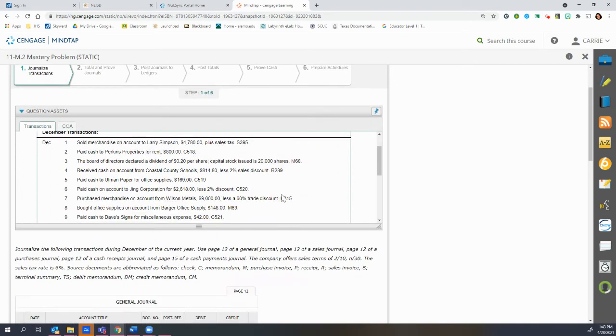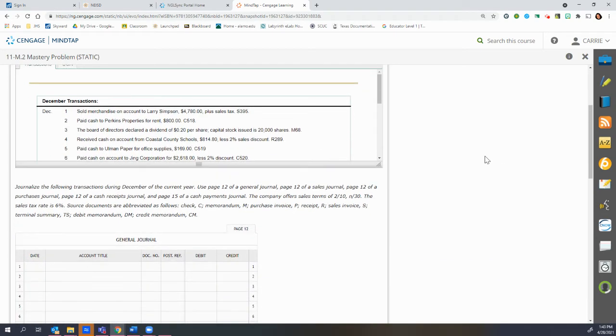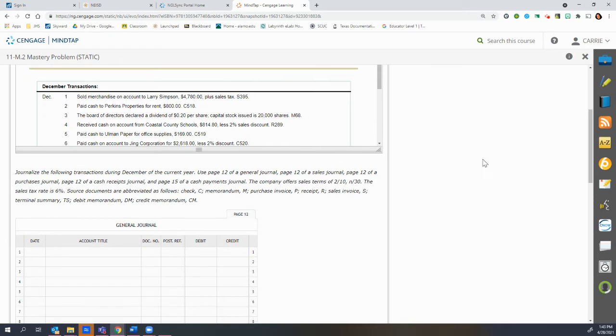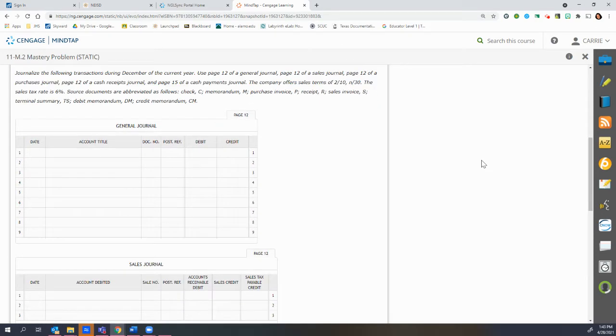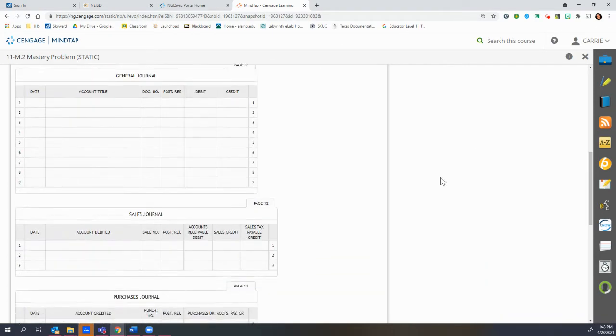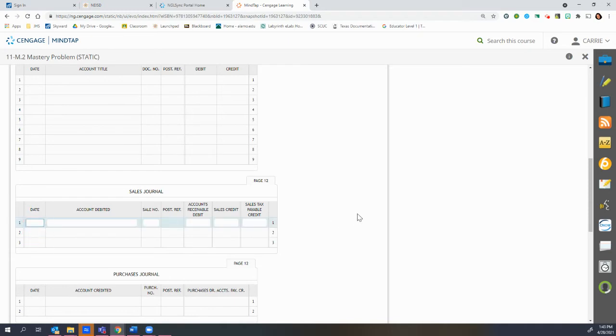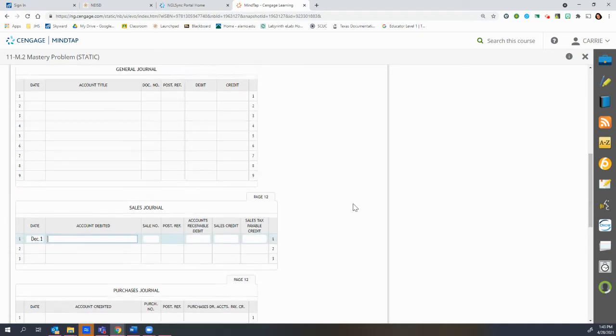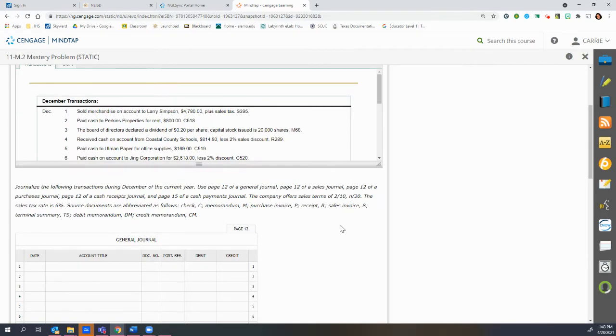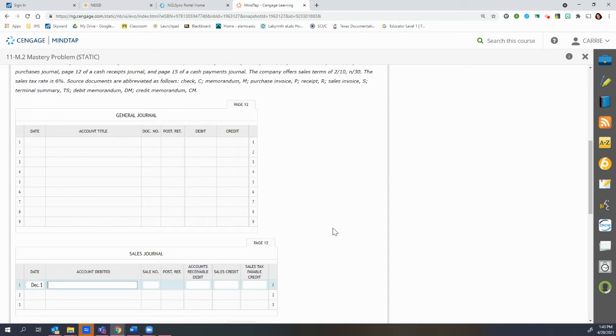Okay, so we sold merchandise on account to Larry Simmons for $47.80 plus sales tax. That goes in our sales journal. So we're going to come down to our sales journal and we are going to do December 1, and it is Larry Simpson.